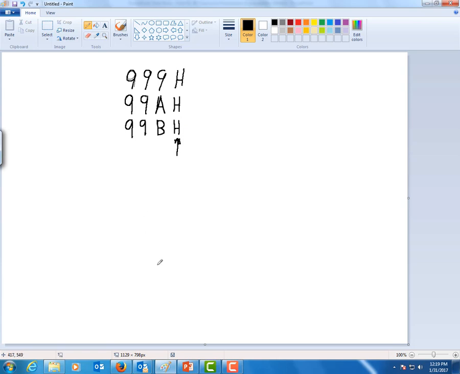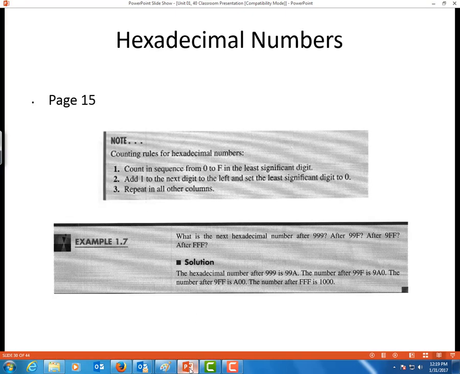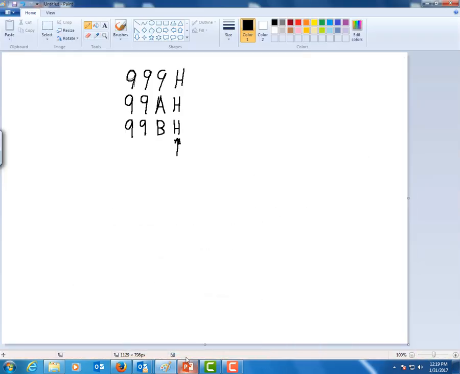What about this one? I think the next problem was after 99F. That's a good question, right? So if you have a value of 99F in hex, what's the first thing you're going to do?